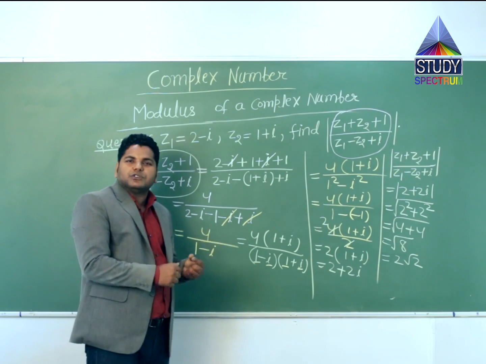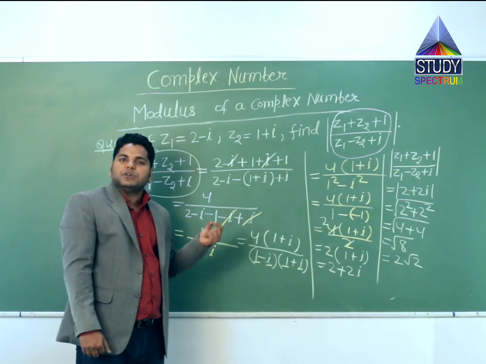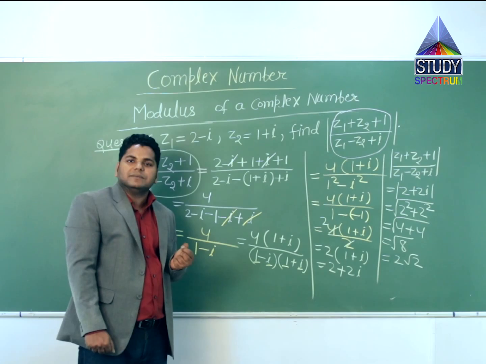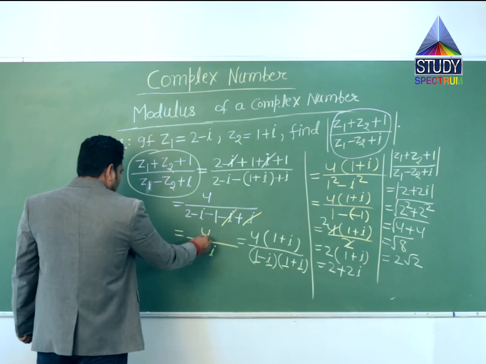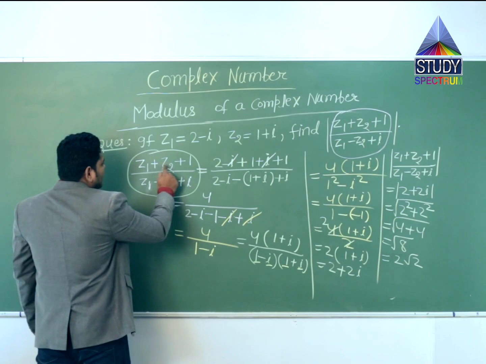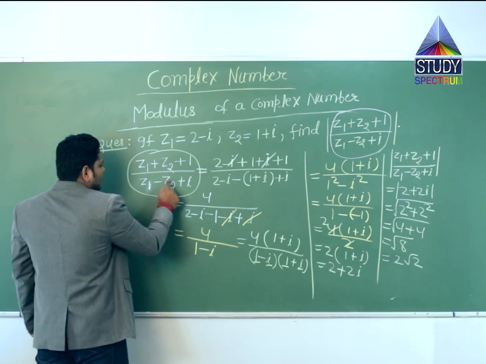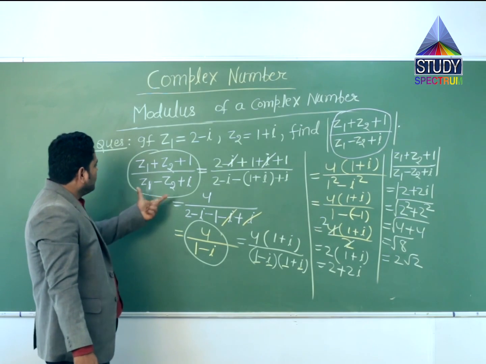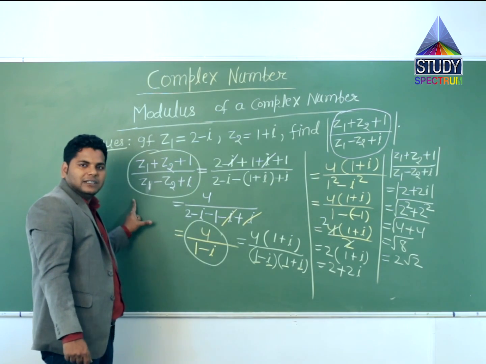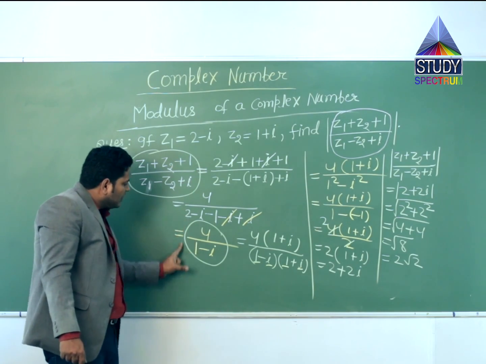Now you can also solve this question by using the property of modulus. Okay. So here we have the complex number z1 plus z2 plus 1 upon z1 minus z2 plus i. When you are interested to find the modulus of this, we will find the modulus of this one.